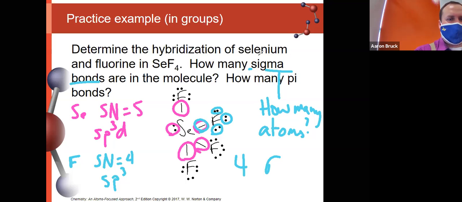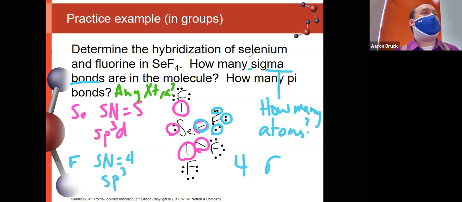For pi bonds, the question is, do I have any extra bonds? Do I have any double bonds or triple bonds? Because that's the only place I'm going to find a pi bond. In this case, all the bonds are single bonds. None of them, therefore, are pi bonds. Completely okay. Pi bonds are a rarity. Sigma bonds are a reality.